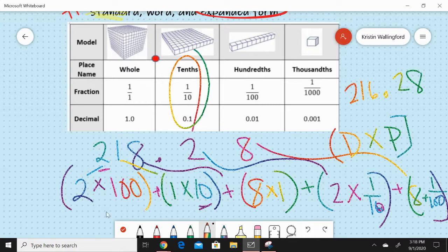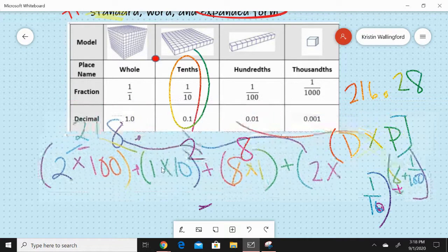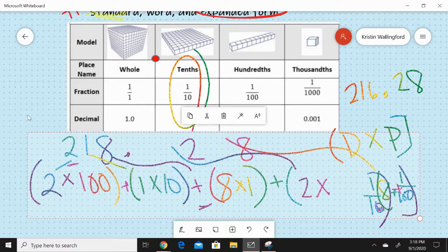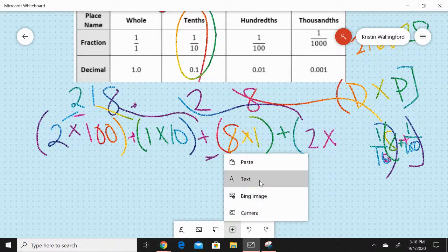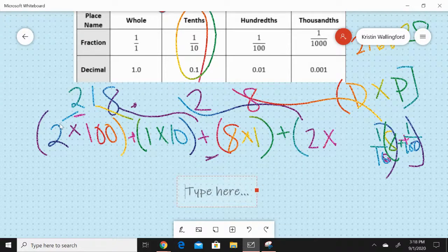So the last thing we're going to do is I'm going to write this number in word form. So I'm going to come down here. I'm going to add a text box. And so we're going to start right here. We're going to look at it right here. So we have 200 18.